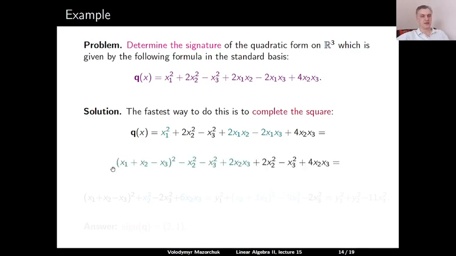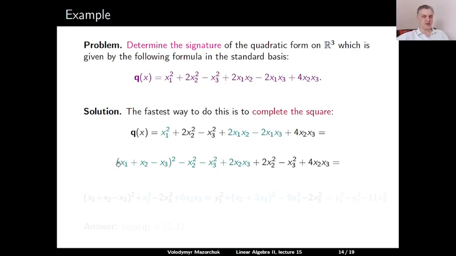So we can write this as x1 plus 1/2 of this coefficient, which is 1, times x2, plus 1/2 of this coefficient, which is minus 1, times x3, squared. And then when we open this square, there will be additional summands, x2 squared, so we subtracted, x3 squared, so we subtracted, and minus 2 x2 x3, so we subtracted, so we get plus 2 x2 x3.